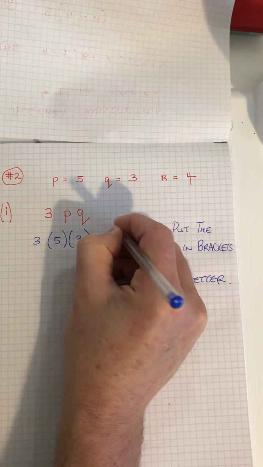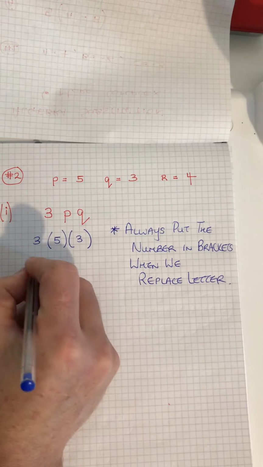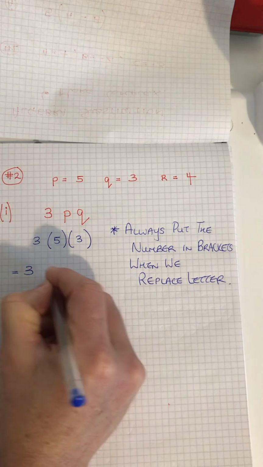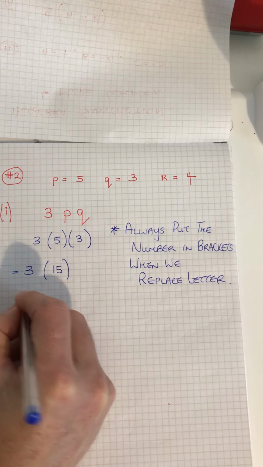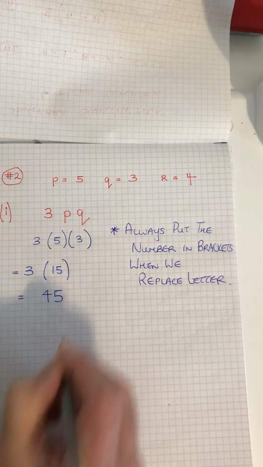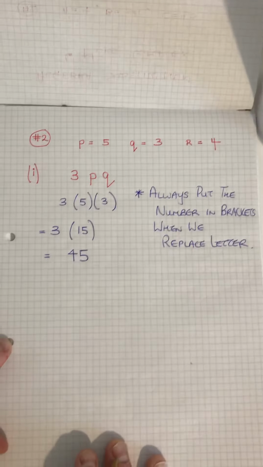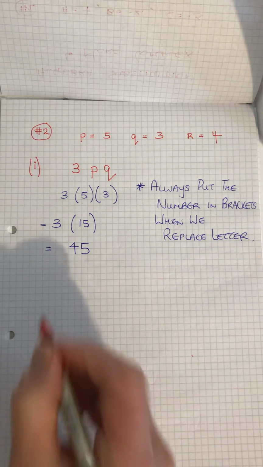Okay, so now we know what do brackets mean. Multiply. 5 times 3 is 15, so 3 times 15 is 45. So I'll do another one of those first.